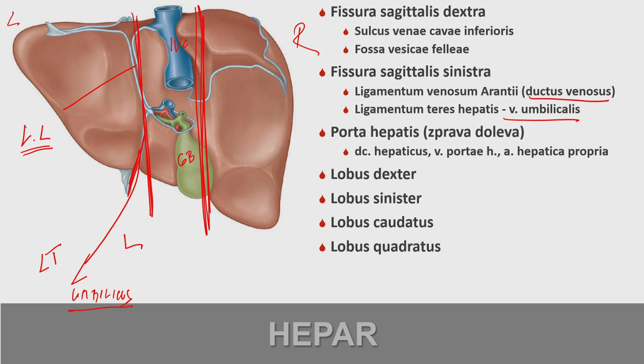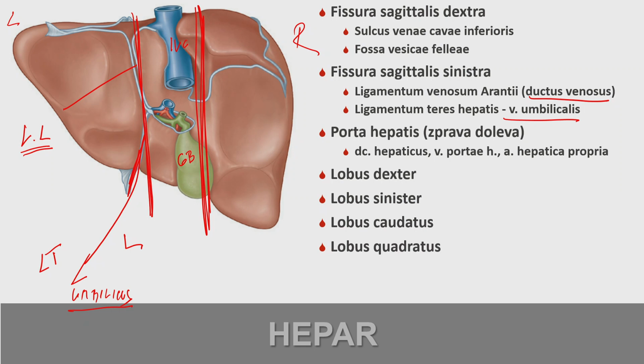This is very important because in some special occasions in portal hypertension there is the possibility that this vein again becomes a vein, and it's recanalized and the blood then could flow outside from the liver through this structure.